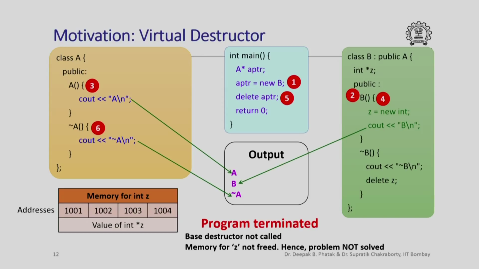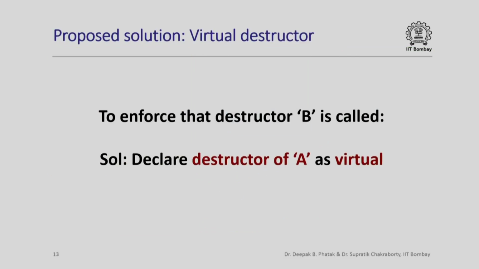However, if I use what is called a virtual destructor, then just like for virtual methods, when I go to the base class and I am trying to invoke a method and I see that the method is declared as virtual, then I must first find out the context in which that method is being called, and then I must call the method from the appropriate derived class.